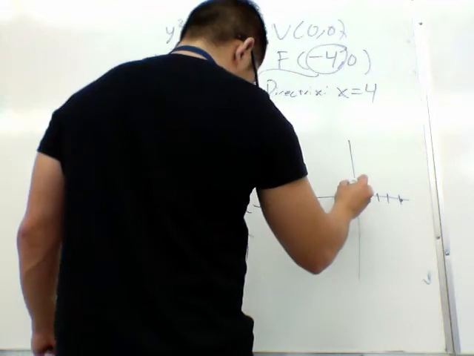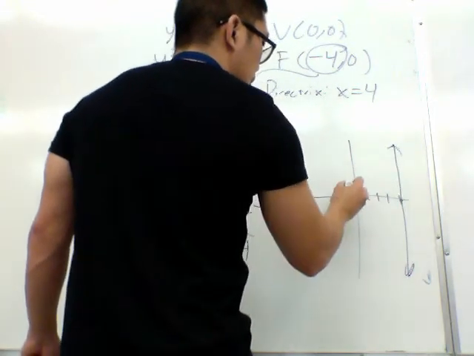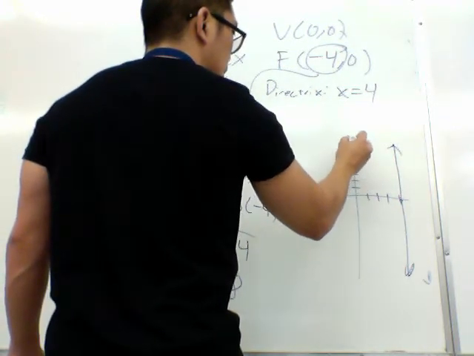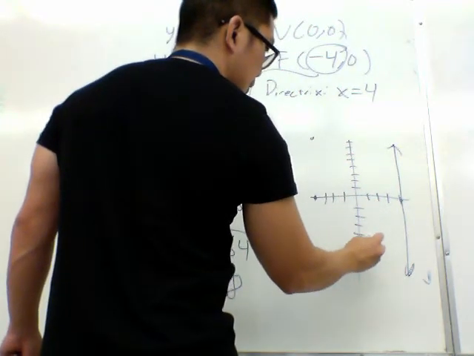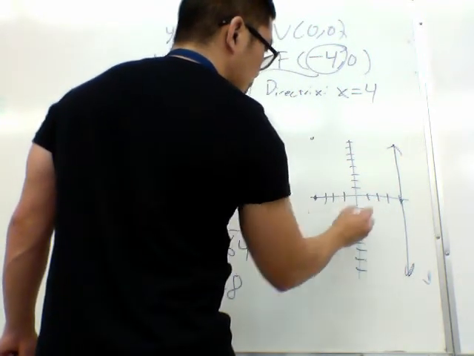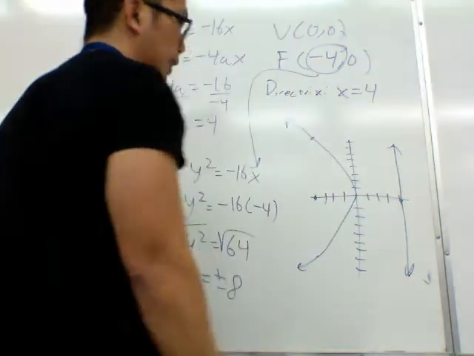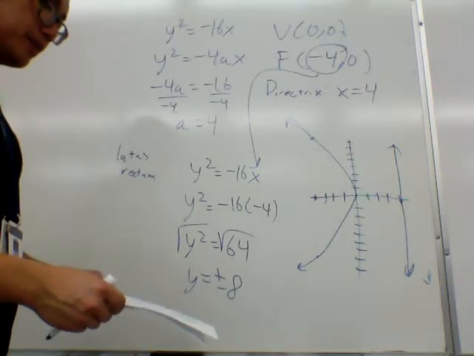Here's your directrix. Your focus is right here. And I am going to go 8 above and 8 below. So it opens up like that. That is your parabola for the DIY.